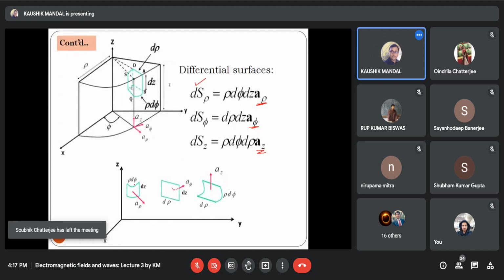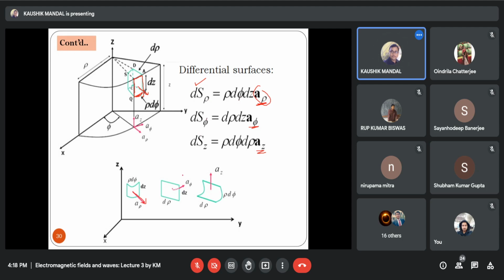If you consider rho d phi into dz, that means this particular surface, what will be the unit vector that is normal to this surface? That is a rho. So you see that particular rho d phi into dz, and the corresponding unit vector is normal to this surface. So its surface area will be ds rho equal to rho d phi into dz into the corresponding unit vector.